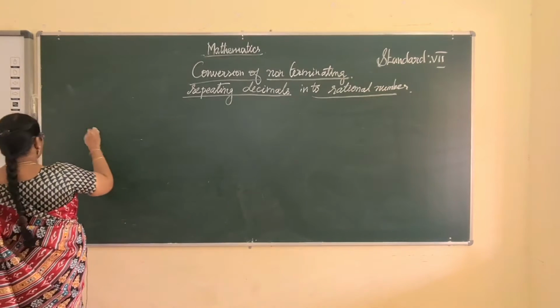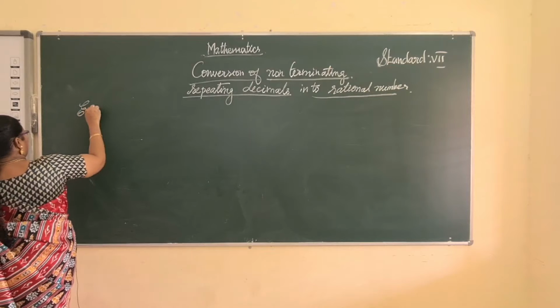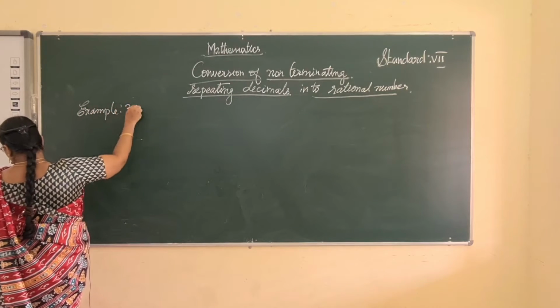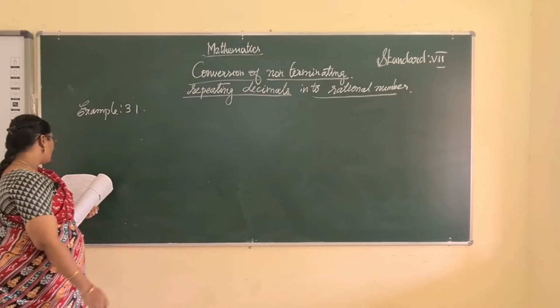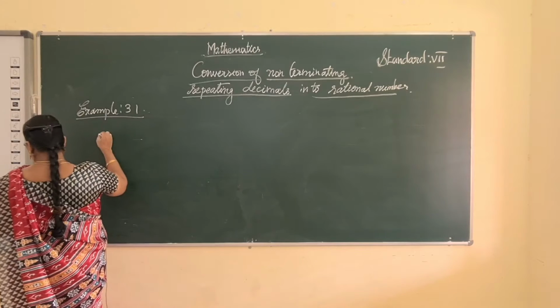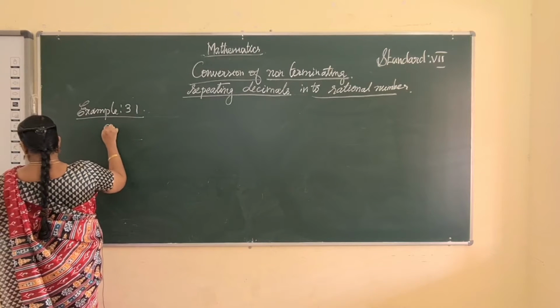See the first example: convert the following decimals into rational numbers. So, first one.